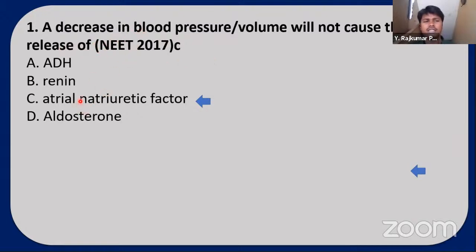It does not cause the release of atrial natriuretic factor, which is released by the heart. Whenever there is an increase in the blood pressure, this atrial natriuretic factor is released. Okay, so it is released by the heart. Remember, this atrial natriuretic factor is the answer for the first question.